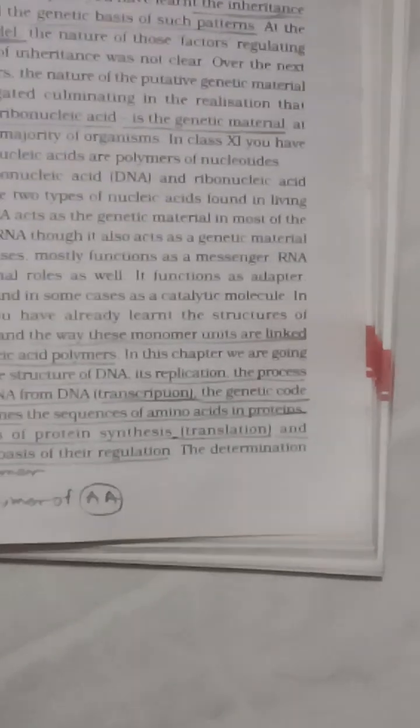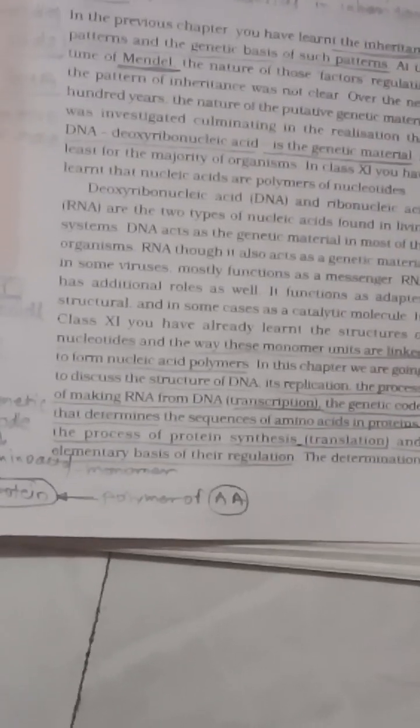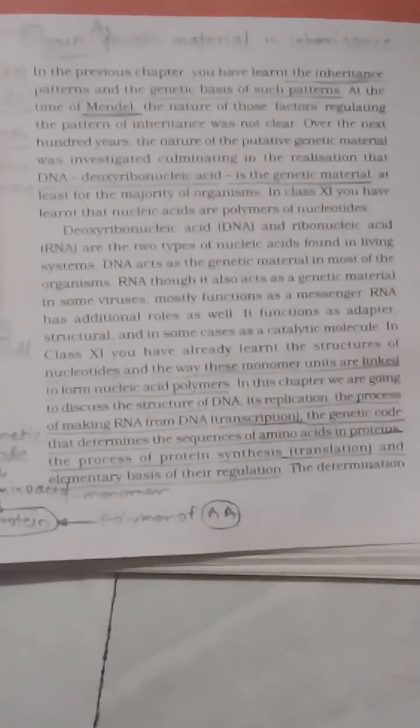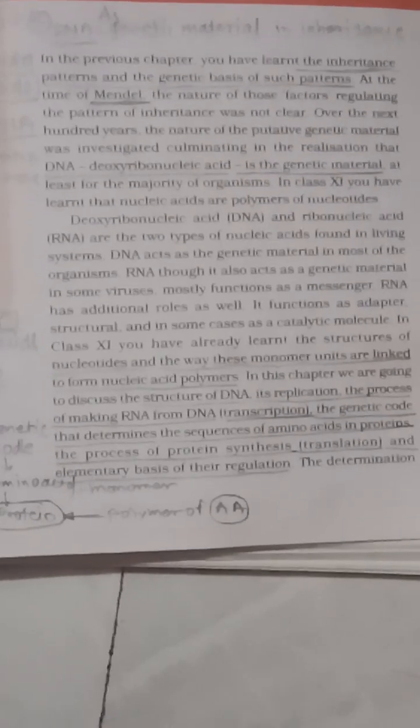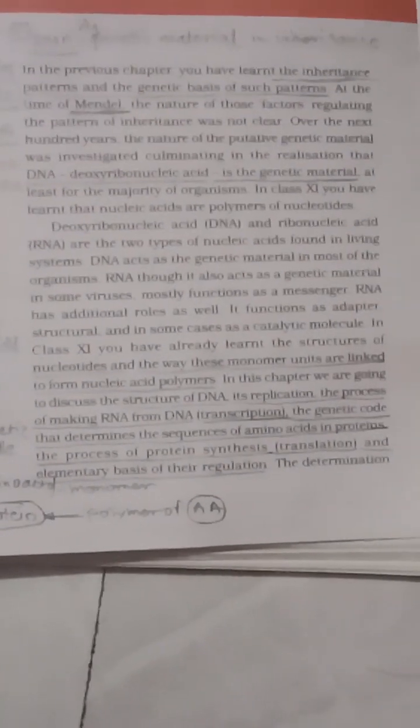The protein synthesis process, which is called translation, is also discussed in this chapter, and its regulation, meaning how much protein is required for the organism and how it is regulated. The transfer of the genetic material from DNA to other organisms, and how protein is synthesized from the DNA.